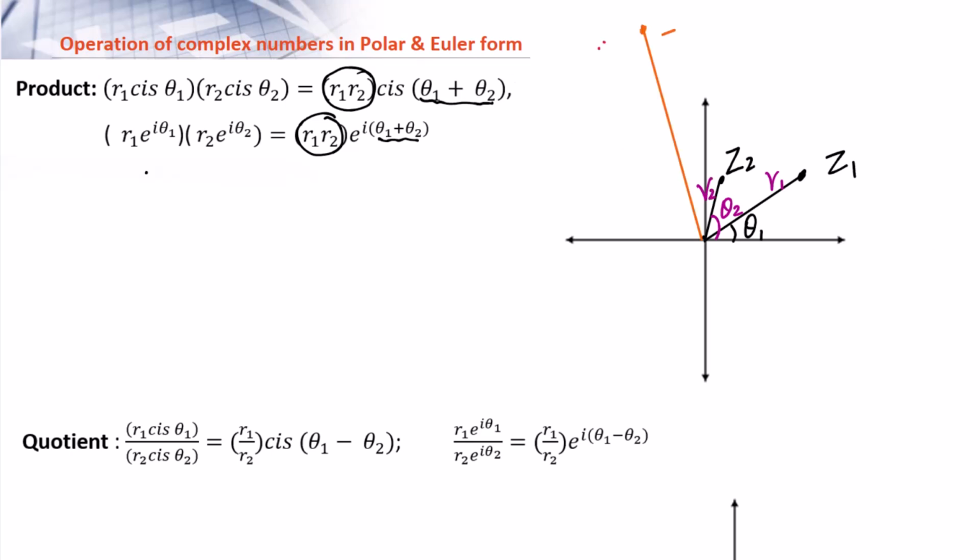This will be z1 times z2. Modulus of this z1 times z2 is r1 times r2, and argument is theta 1 plus theta 2.